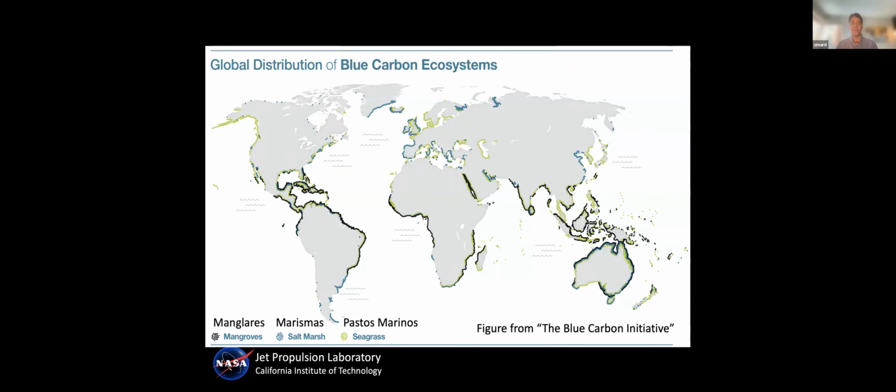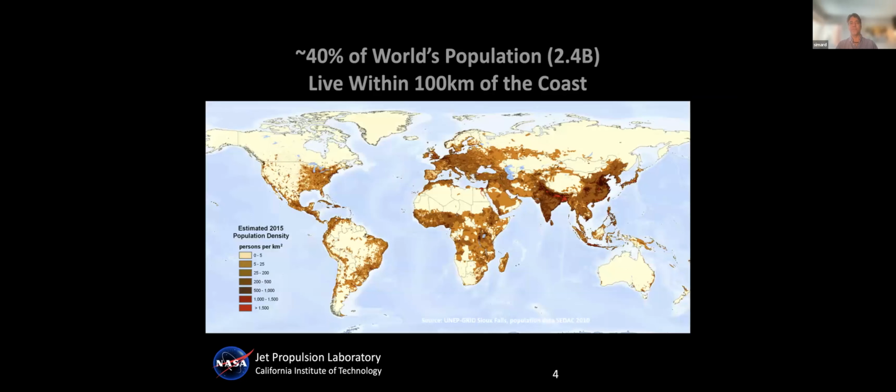And above and below those latitudes, you will find instead salt marshes, which are more herbaceous types of wetlands. And the seagrasses are found pretty much everywhere around the globe, but they're very hard to detect given that they're underwater. So here I'll be focusing on the mangroves and salt marshes.